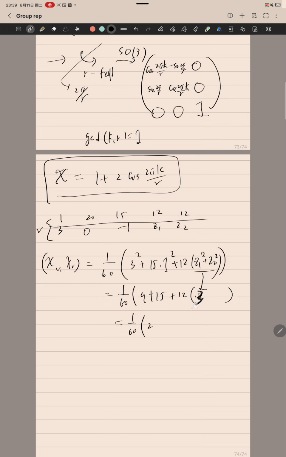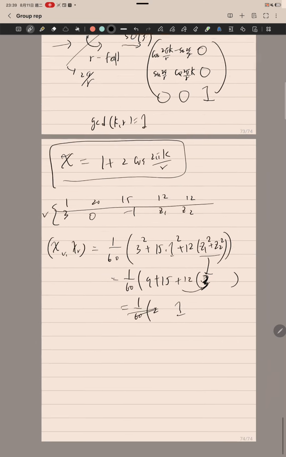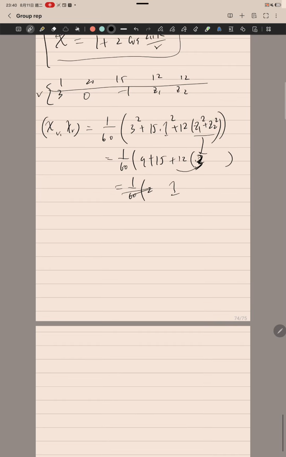Oh, this is 3, sorry. So let me check this. I mean, it should be simple, but I just want to check. z1 is 1 plus 2 cosine 2 pi divided by 5, and z2 is 1 plus 2 cosine 4 pi divided by 5. You can do square plus square.